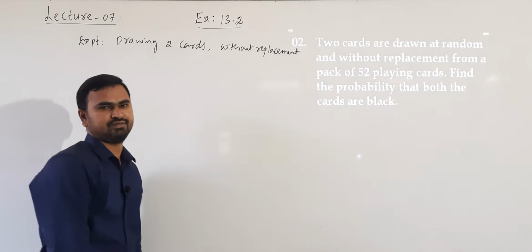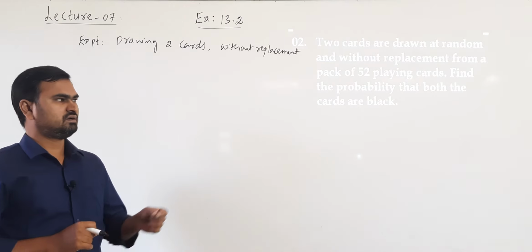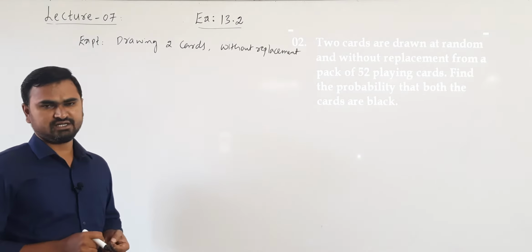So we are taking 2 events. First event is getting the first card as black. Second event is getting the second card as black. So let us take E is the event drawing black card in first draw.